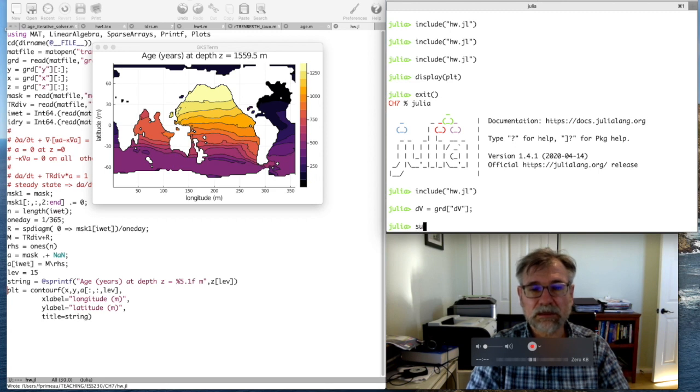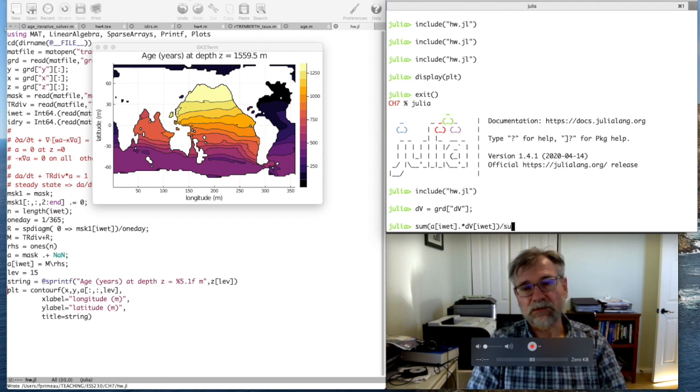And then I'll sum the age in the wet grid boxes multiplied by the dVs, dot star dV, colon I wet. So this is a volume integral over the volume of the ocean of the age, and then to get the mean I divide by the integral of the volume, so sum of dV of I wet.